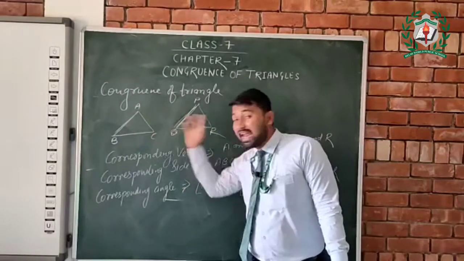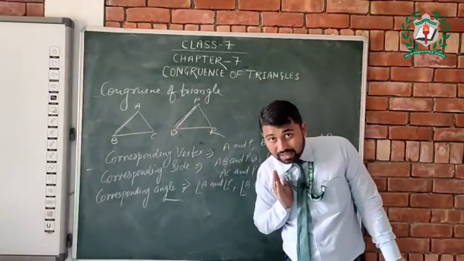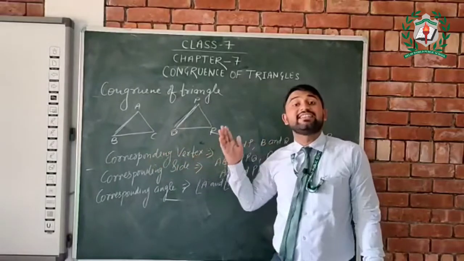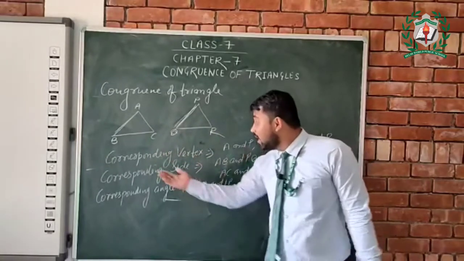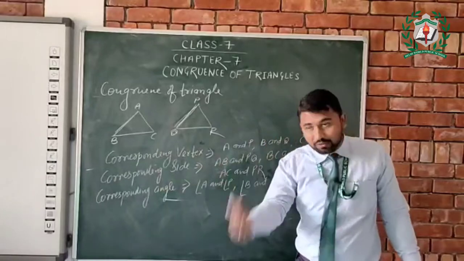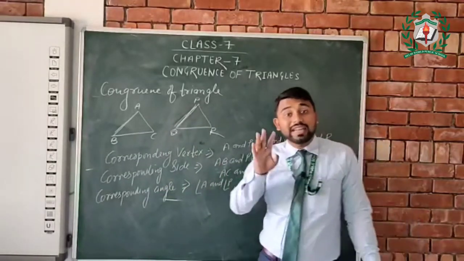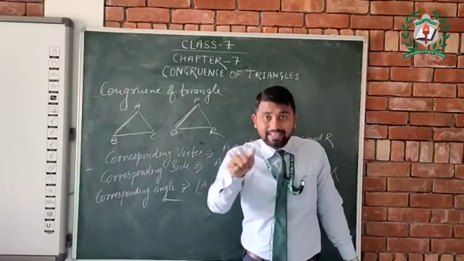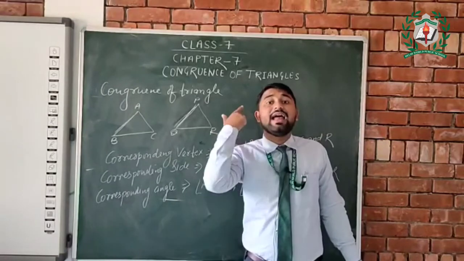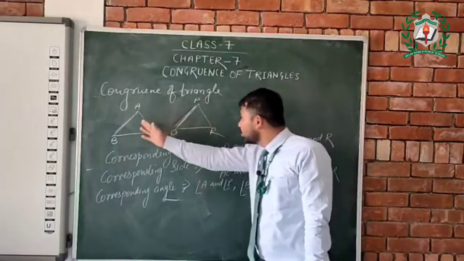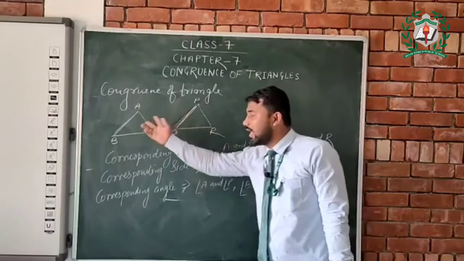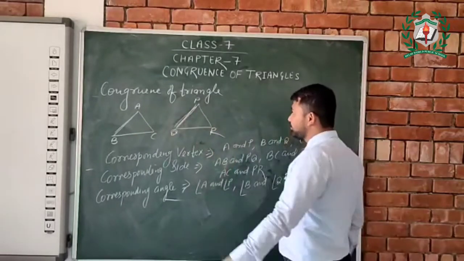If both triangles are congruent to each other, then their corresponding vertices are equal, their corresponding sides are equal, and their corresponding angles are equal. Because a triangle has three important things: side, angle, and vertex. So both these triangles are equal to each other.